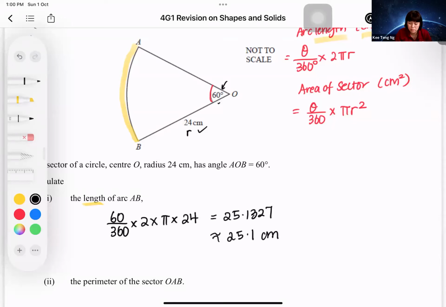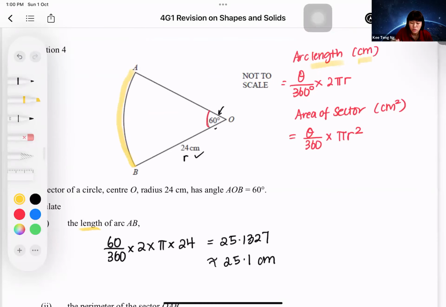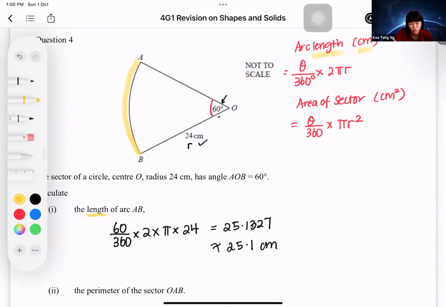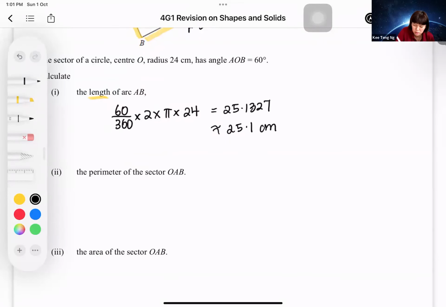Okay, now the next question, they want to find the perimeter. Perimeter means the rim, right? So it's not just adding this one over here. What else do I need to add? I need to add the two sides, the two radii, right? So this is 24. So I take my previous answer, but I'll take the more accurate one.